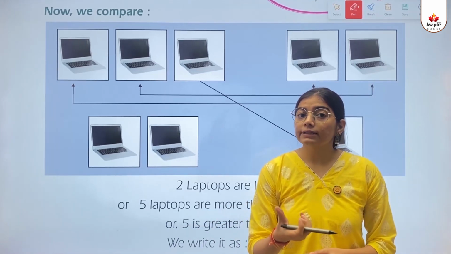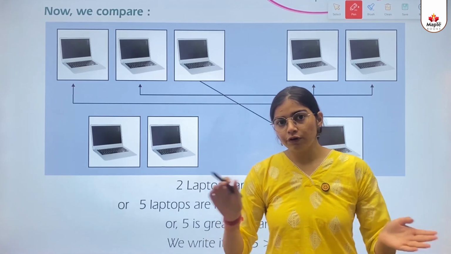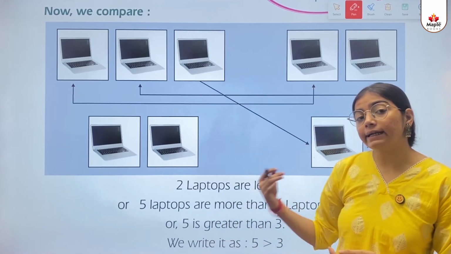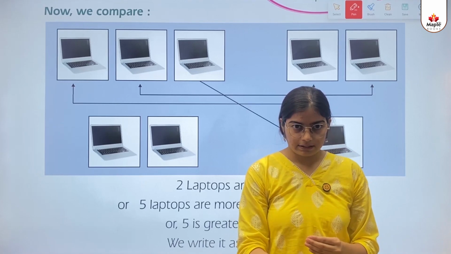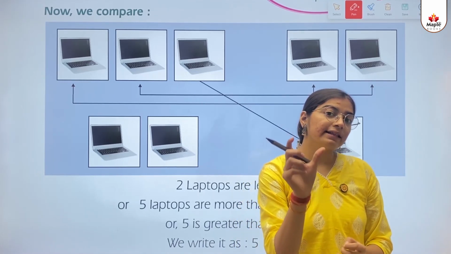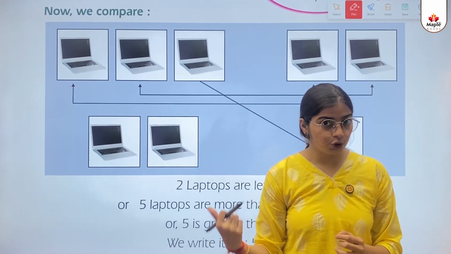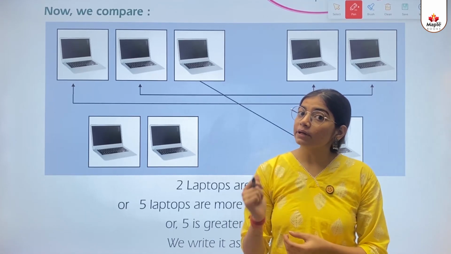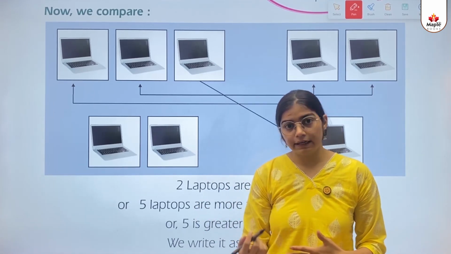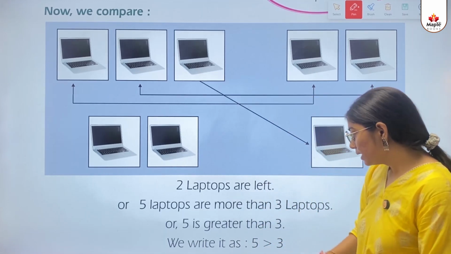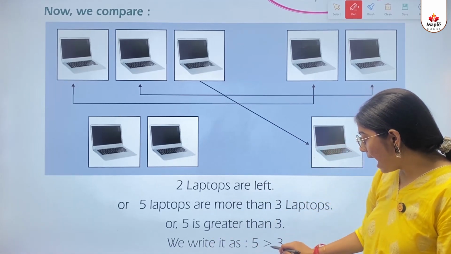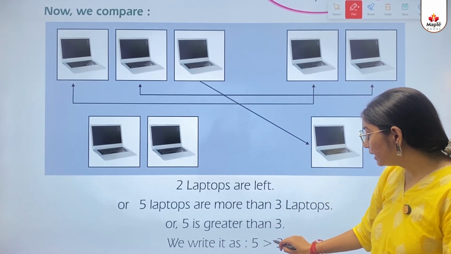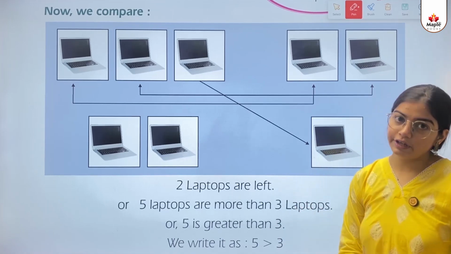Except more, we can also use greater than in maths. Greater than is a mathematical term we can use for the word more. There is a symbol also written here for greater than. We write it as 5 greater than 3.